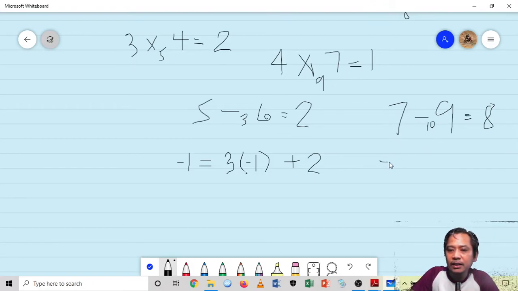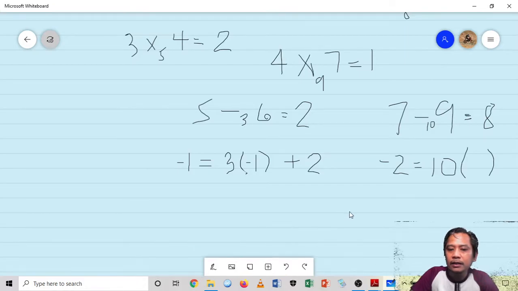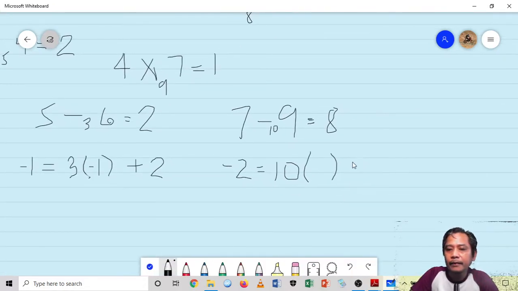Because supposedly the difference is negative 2, but if you divide that by 10 so that the remainder is not negative, your quotient should be negative 1, so that negative 10 plus 8 is negative 2.